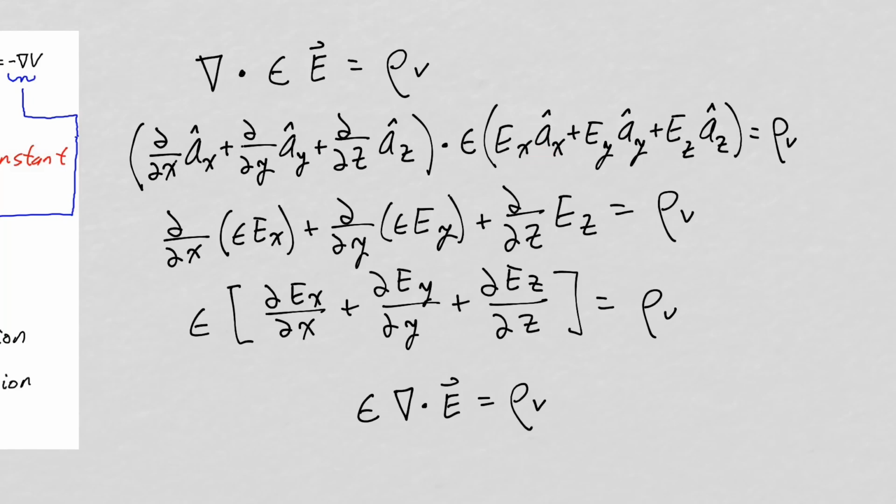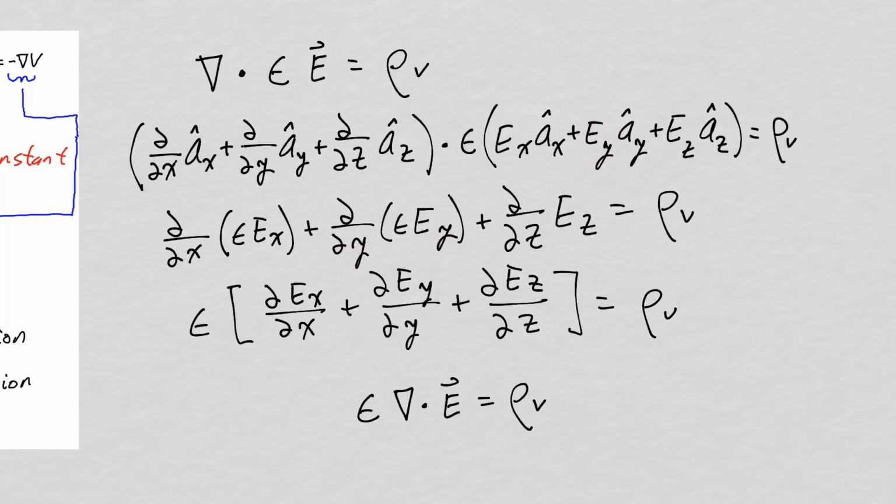So taking the dot product, ax dot ax is 1, so we'll have a partial with respect to x of epsilon times E sub x, and then ax dot ay is 0, ax dot az is 0. Move to the second term, ay dot ax is 0, ay dot ay is 1, so we'll have a partial with respect to y of epsilon times the electric field component in the y direction, and finally the same thing for our third term.